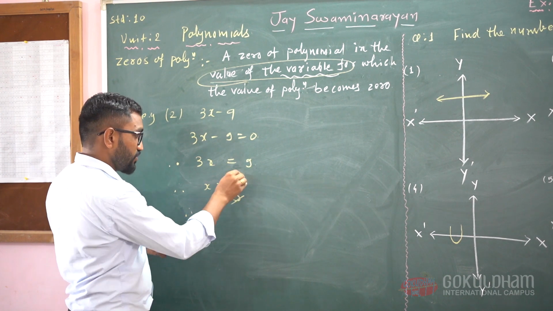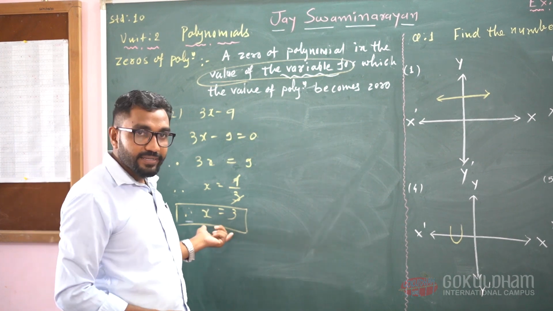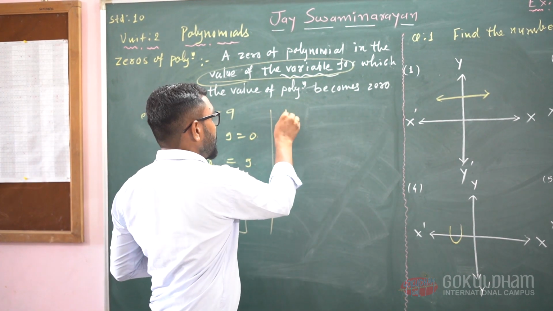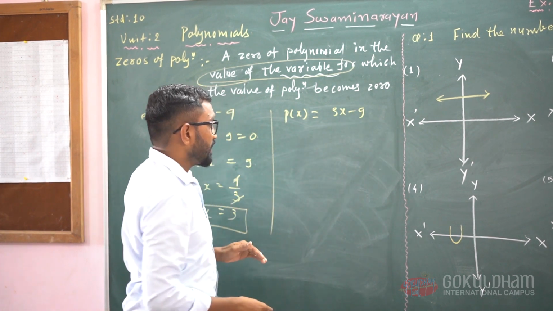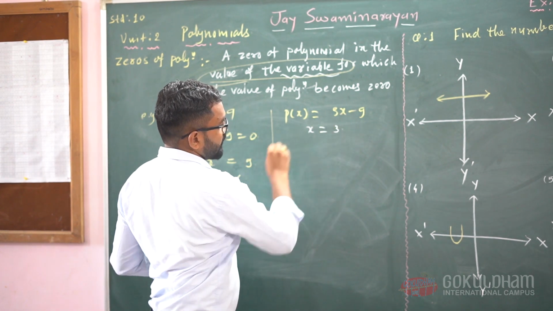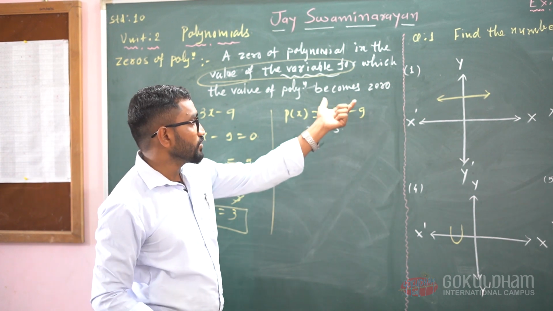Therefore x equal to 3. So here we get the value of x and this value is put in the polynomial p of x equal to 3x minus 9. Now put x equal to 3.